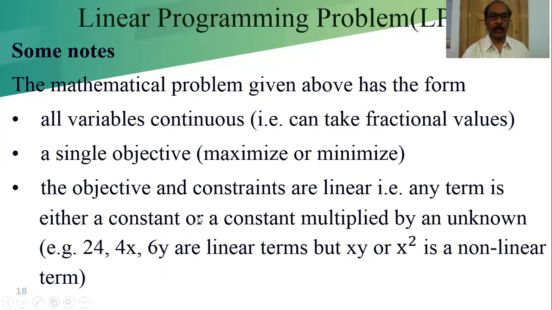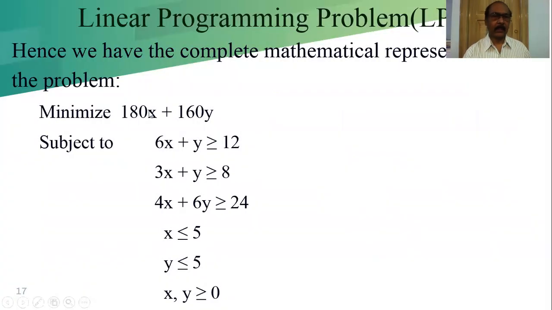This mathematical formulation is linear, because we are handling a linear programming problem, and we are explaining here how it is linear. See, this is linear because it is 180x and 160y. The objective function is linear.